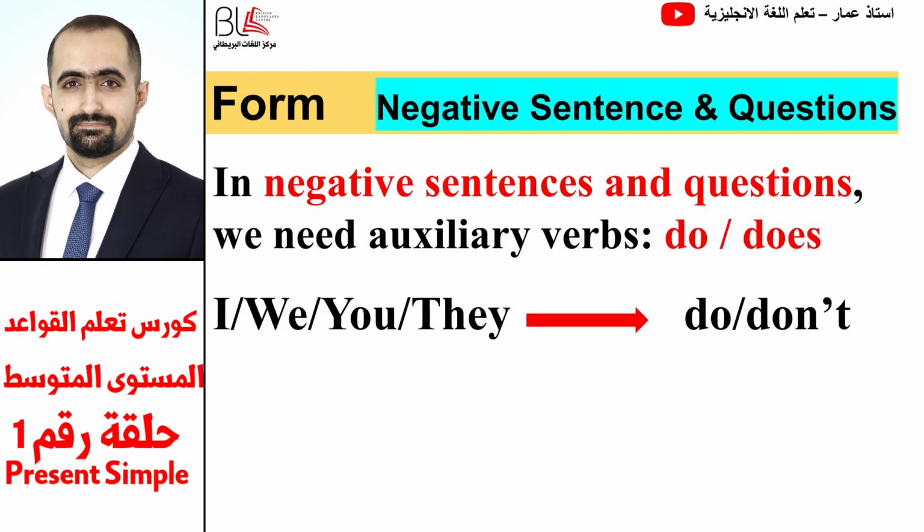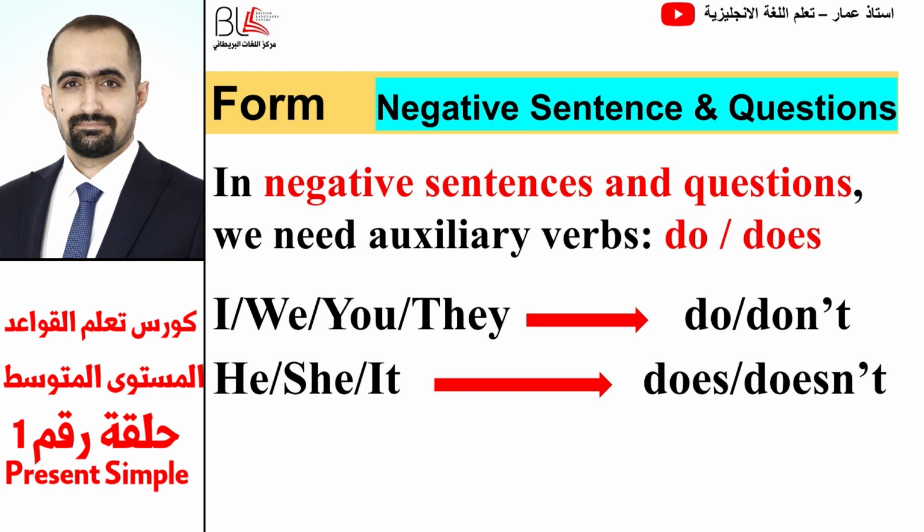So, again, لو كان لدينا I, we, you, they نستخدم معها do للسؤال طبعا question and don't for negative sentences في الجمل المنفية. And ولو كان لدينا he, she, it we need to use does for questions نحتاج أن نستخدم does للأسئلة and doesn't for negative sentences ونستخدم doesn't في الجمل المنفية.